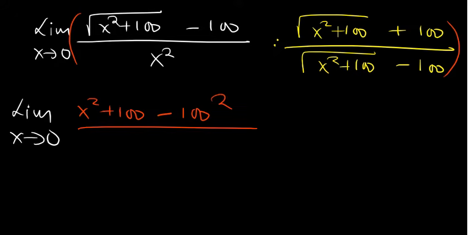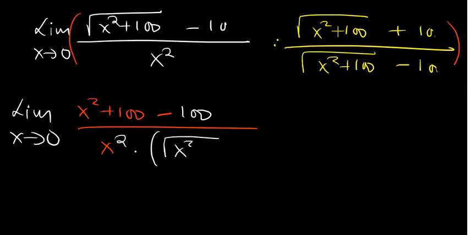And then for the denominator part, we'll do the same. We have x squared. By the way, this is supposed to be a 10. I'm sure you get the idea there. So that it becomes 100. Okay. And then you have x squared multiplied by root of x squared plus 100 plus 10.